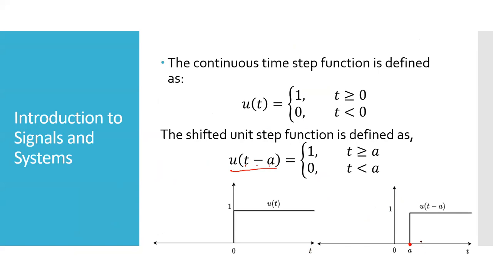So it is 1 for t greater than or equal to a, and it is 0 for t less than a. Understood? Yes, sir. This is how you define the shifted unit step function. Clear?